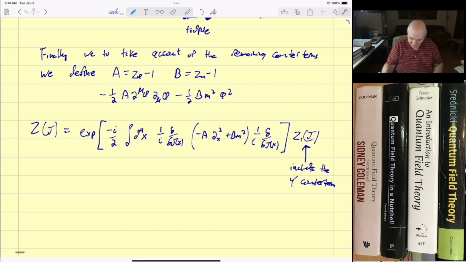And how do we get this expression? Well, first of all, we integrated this by parts. So this just becomes phi partial squared phi, which becomes a minus. So that's just integrated by parts. And then if you remember, we always multiply by e to the i times the part in the Lagrangian. So when we have minus i times minus a, we get plus a. That's what we get here, because when we integrate by parts, we have minus 1/2.